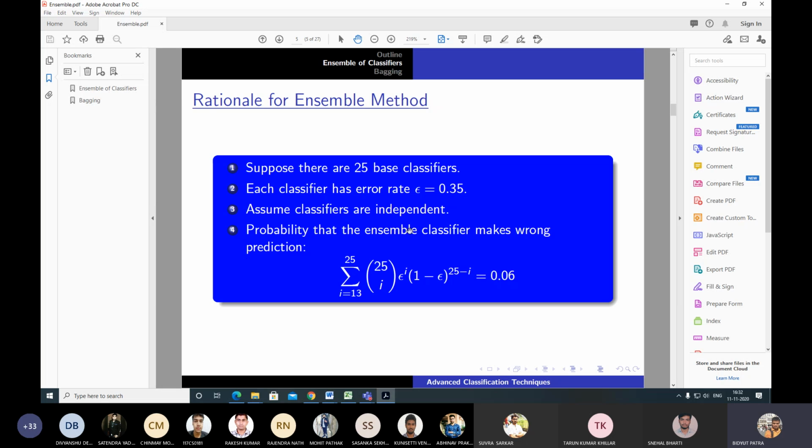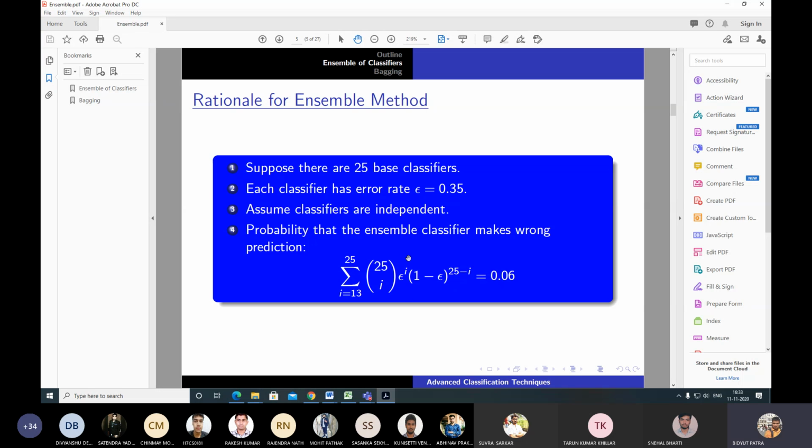Now what will be the probability that the ensemble makes a wrong prediction? Epsilon is the classification error rate for a single object, so for the classifiers that err we use epsilon, and for the others the right choice is 1 minus epsilon. Because if a classifier is not making a mistake, it is rightly predicting, and that probability is 0.65, which is nothing but 1 minus epsilon.